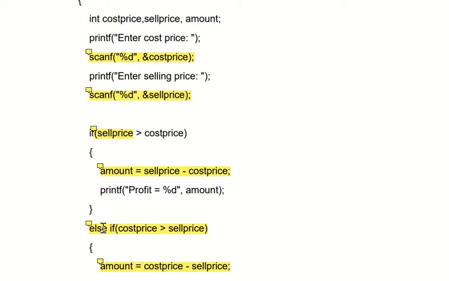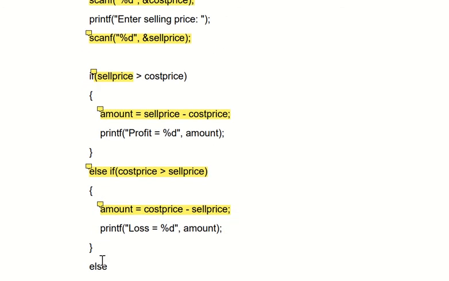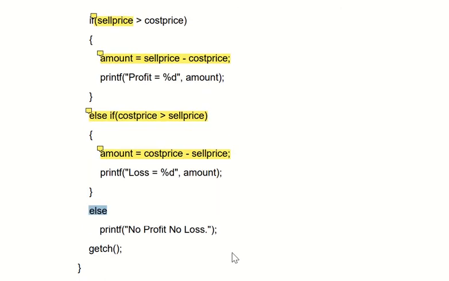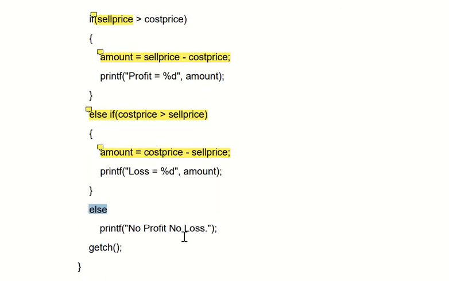So it will jump to else if. The else if condition is also false, because again it is 50 and 50 with a greater than sign. So it will jump to the else part. In else, what we have is no profit and no loss. Obviously my buying price is 50 and selling price is 50, so no profit and no loss. It will print that message.